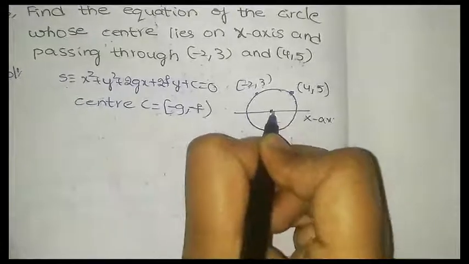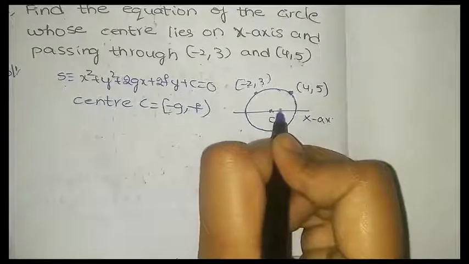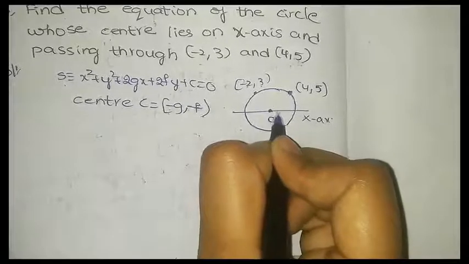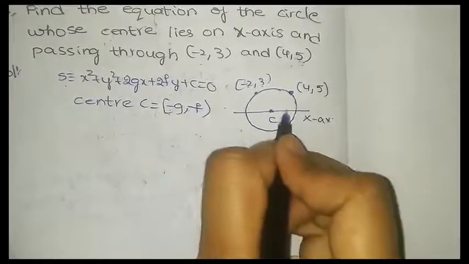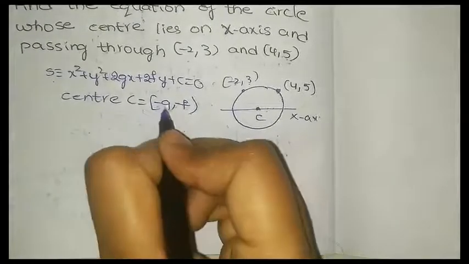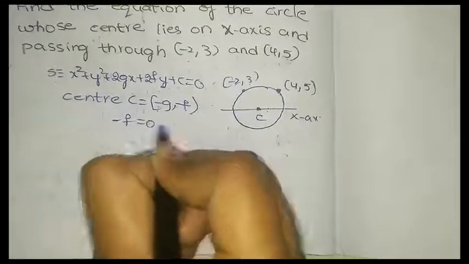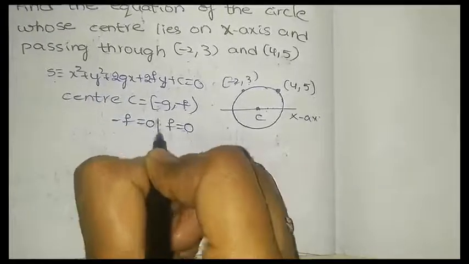But the given center lies on the x-axis. If it is on the x-axis, then y will be 0. So if y is 0, then minus f equal to 0, so f equal to 0.